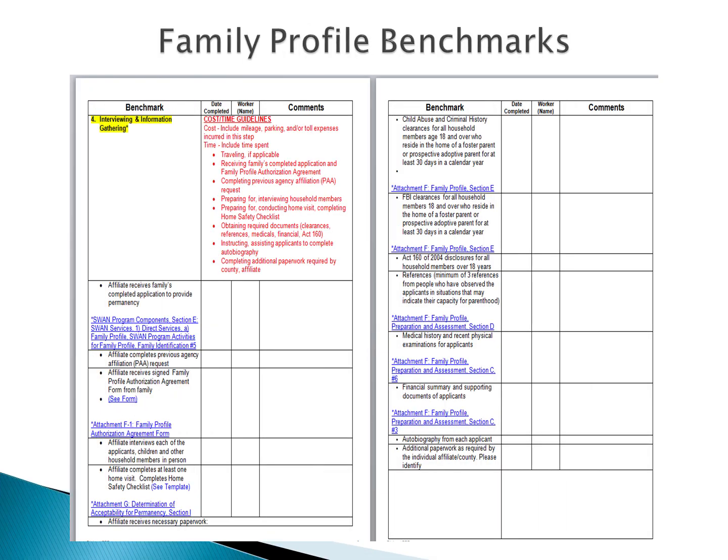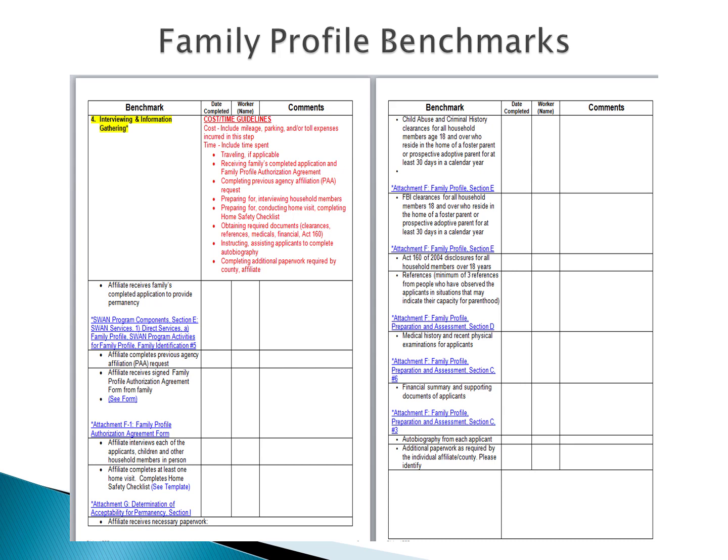Main numeric step number 4 is interviewing and information gathering. Bucket 4 includes practice and travel time spent receiving the family's application and family profile authorization agreement, completing the previous agency affiliation request, obtaining required documents such as clearances and references, and assisting applicants in completing their autobiography.